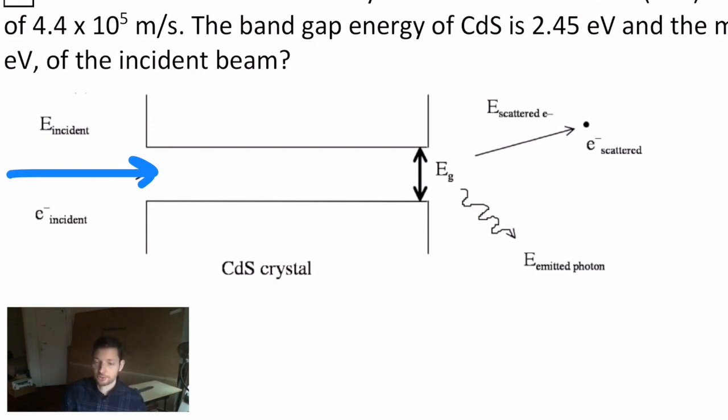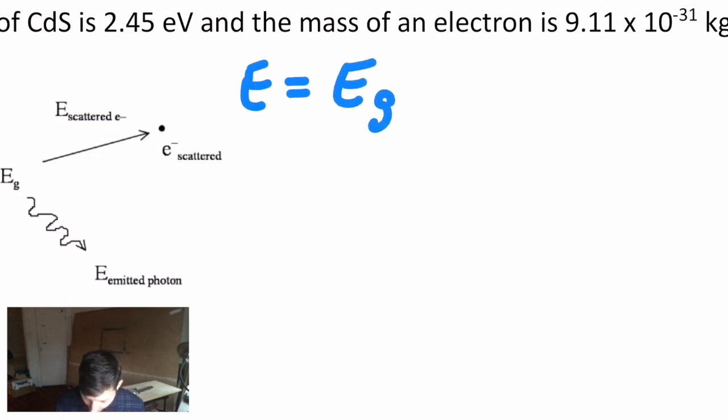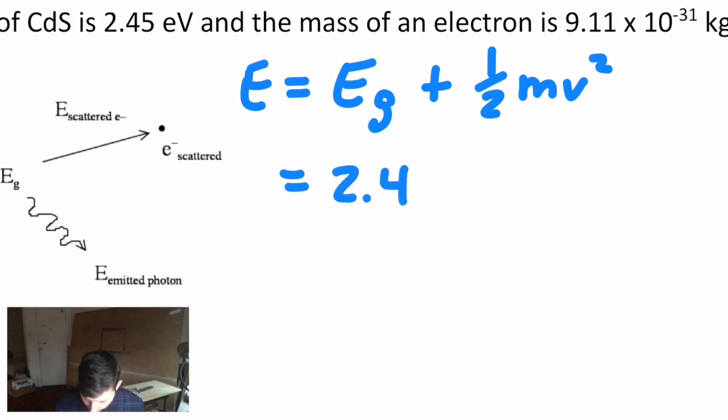The extra energy goes into kinetic energy, energy of motion of that charged particle. So our total energy here, of what's coming in, is the band gap energy plus the kinetic energy, which is 1/2 mv squared.